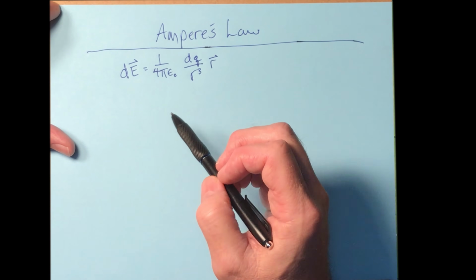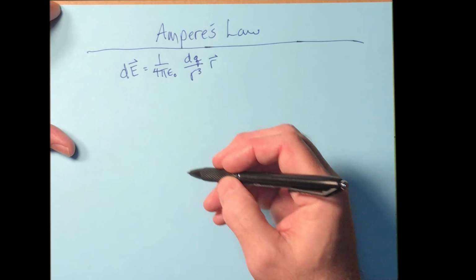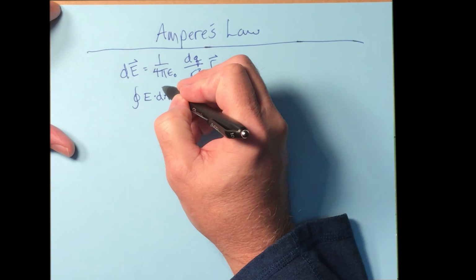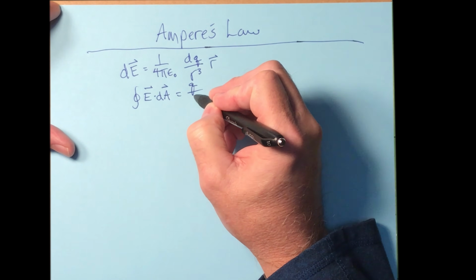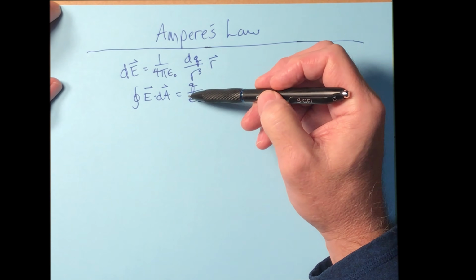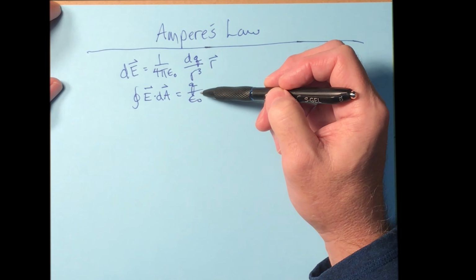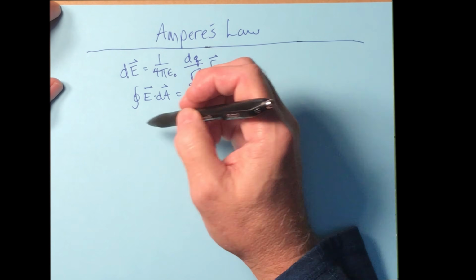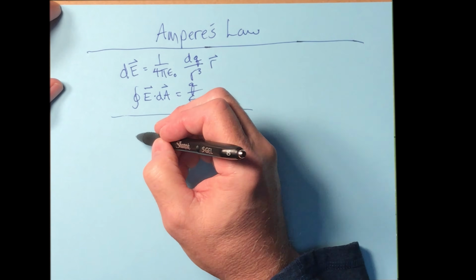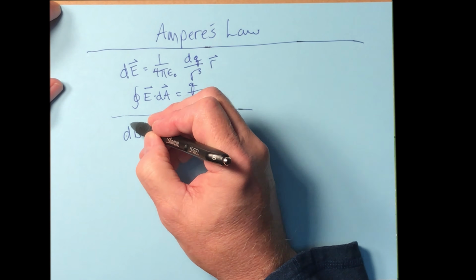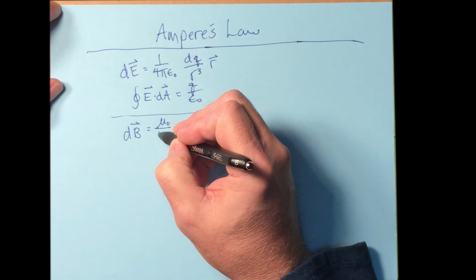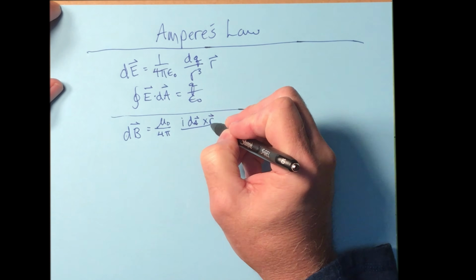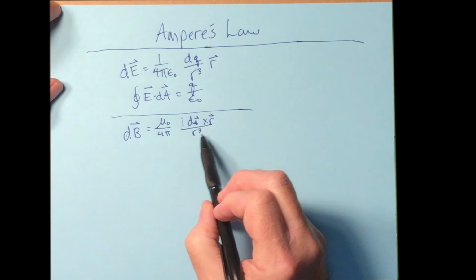But we also derived the electric field, generally, from Gauss's law. So it can be said that Gauss's law is a more generalized expression of this equation here. Now, if we take that idea and apply it to the world of magnetism, you've been introduced to the Biot-Savart law. And it's of this form.